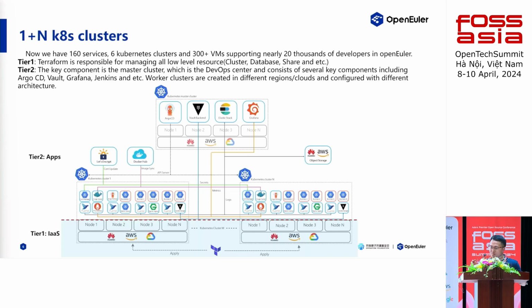We have a master cluster to run key components, and worker clusters to run different applications in different regions and different clouds. Now, we have 160 servers, 6 Kubernetes clusters, and more than 300 virtual machines to support nearly 20,000 developers in the openEuler community. It's a huge infrastructure.